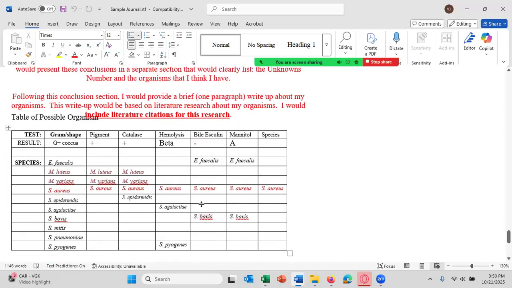You don't have to do the confirmation test. You can if you want, but once you've identified the species, you can end the project there. But you are allowed to do 1 confirmation test. And let's say you're not totally confident about the color, and so you're questioning whether it is really these 3 or might it be, I don't know, Staphylococcus epidermidis. And the catalase test was positive for Staphylococcus epidermidis.